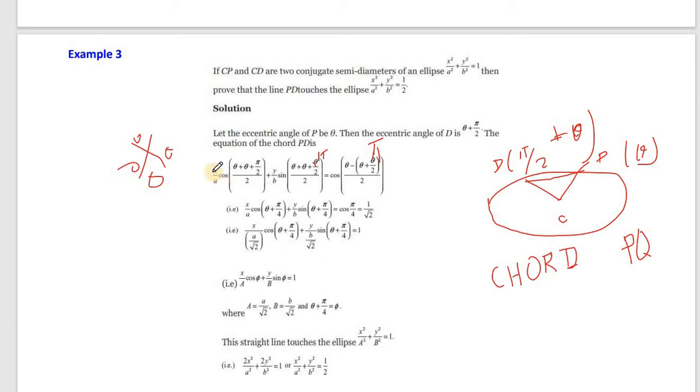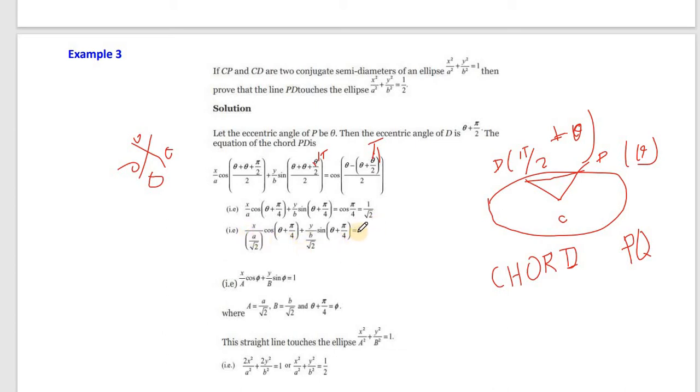So x by a cos of theta plus phi by 2 plus y by b sin theta plus phi by 2 is equal to cos of theta minus phi by 2. This is the equation, and we know that one is theta, the other one is phi by 2 plus theta. We just substitute that, and then this is what we get. We can cancel out one theta, so we are left with cos phi by 4, which is 1 by root 2.